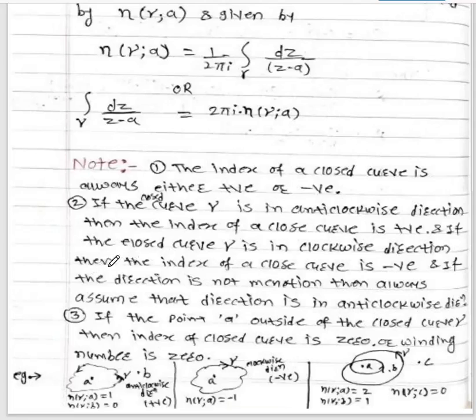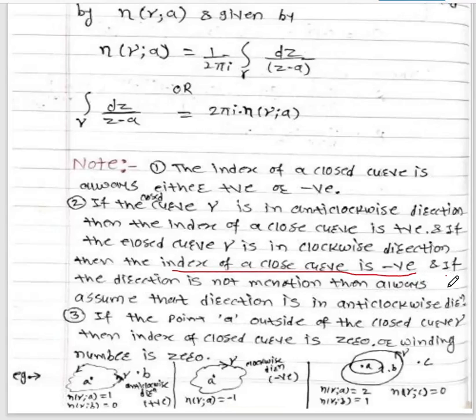Second, if the closed curve gamma is in the anticlockwise direction, then the index of the closed curve is positive. And if the closed curve gamma is in the clockwise direction, then the index of the closed curve is negative.